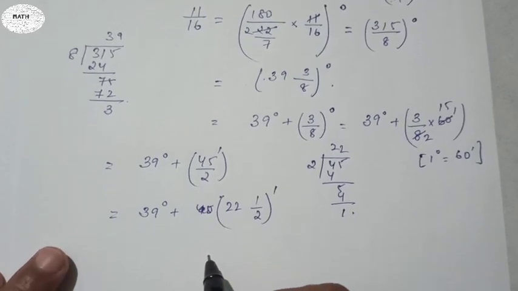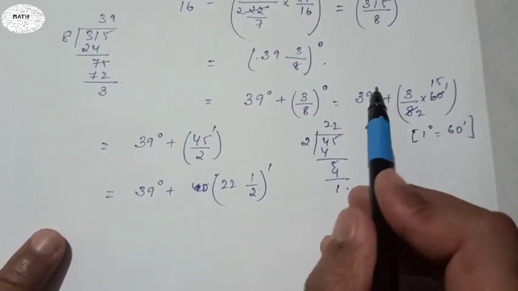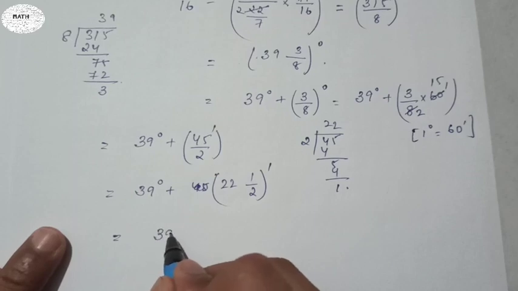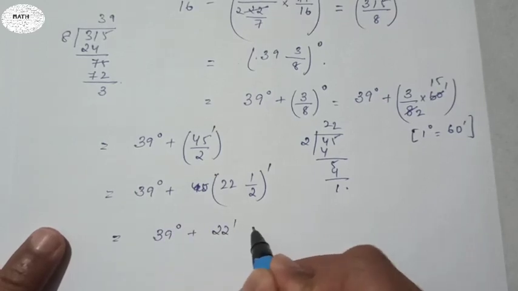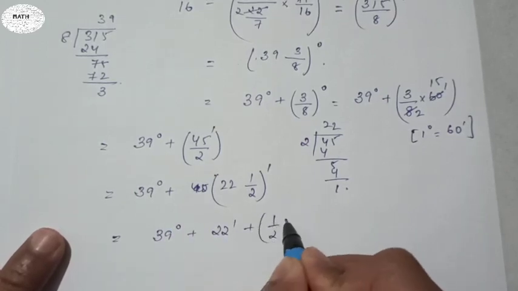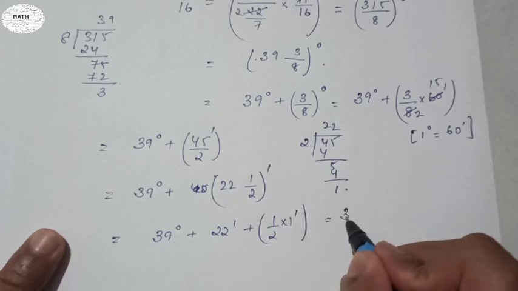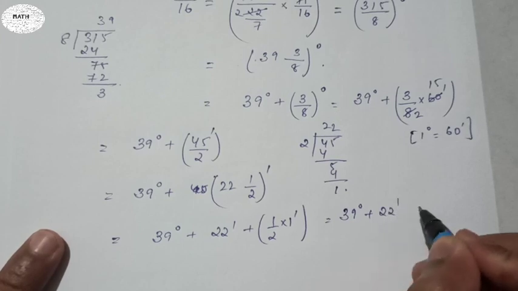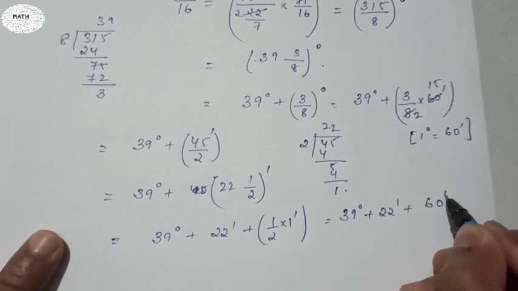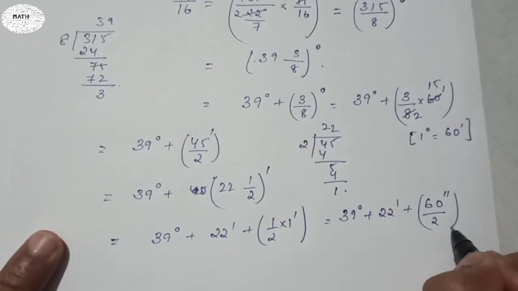Again I have to convert a minute into a second, just like the previous one. So that will be 39 degree plus 22 minute plus 1 by 2 into 1 minute. I'm going to change 1 minute into second, so that will be 39 degree plus 22 minute plus 60 second divided by 2. How did I get that?